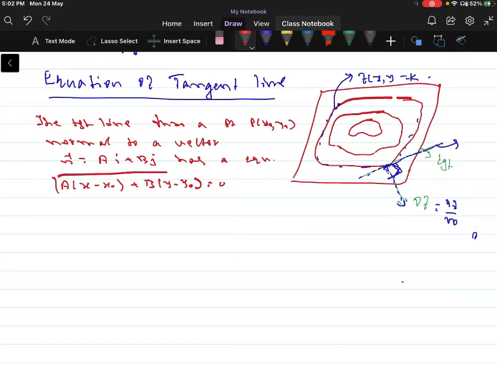This is the equation of the tangent line when the line is normal to the vector n.